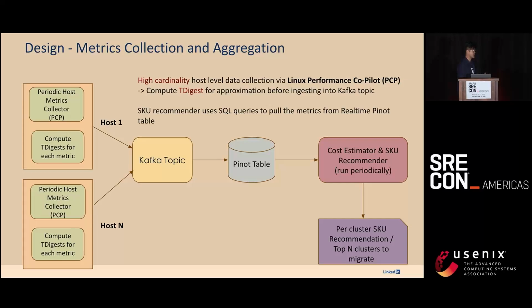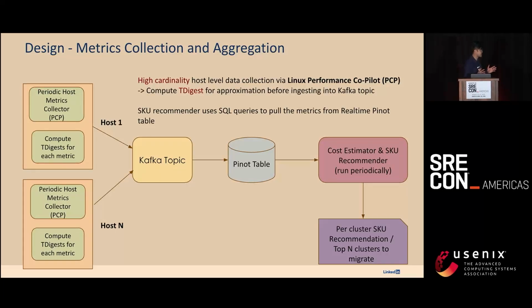we did enough experiments on this, and we picked these parameters really carefully so that the margin of error is really small. So on each host, we do the PCP collection, and for a fixed time window, it turns them into these T-digest points.